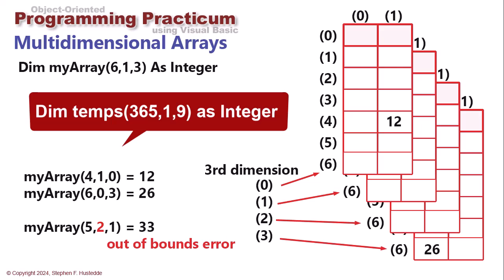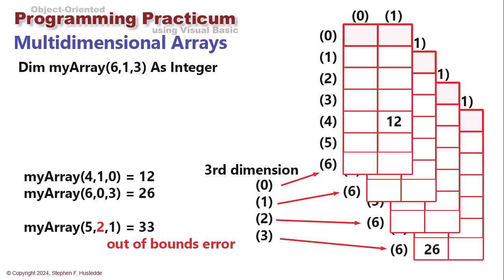But I want to keep track of that over maybe a 10-year period. So I might declare my temperatures as 365, 1, where 0 might be the high and 1 might be the low, and then maybe a 9, which would give me 10 years from 0 to 9.